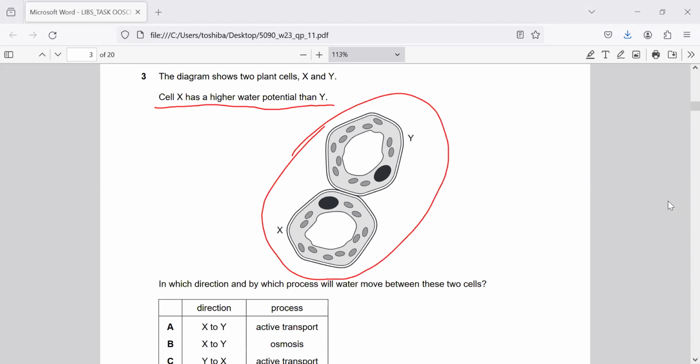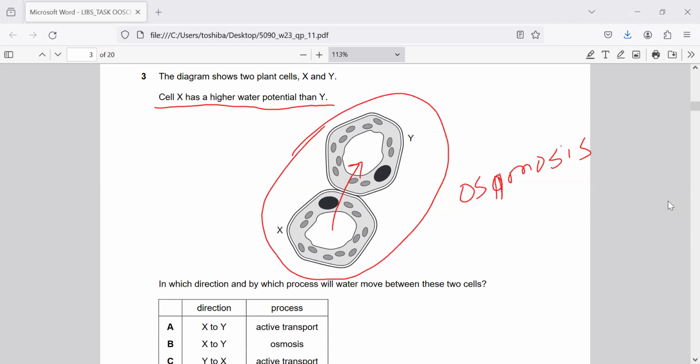As we all know, water moves by osmosis. And as X has a higher water potential, water will move from X to Y. The osmosis definition says that water moves from its higher water potential to its lower water potential, down a concentration gradient, through a partially permeable membrane.